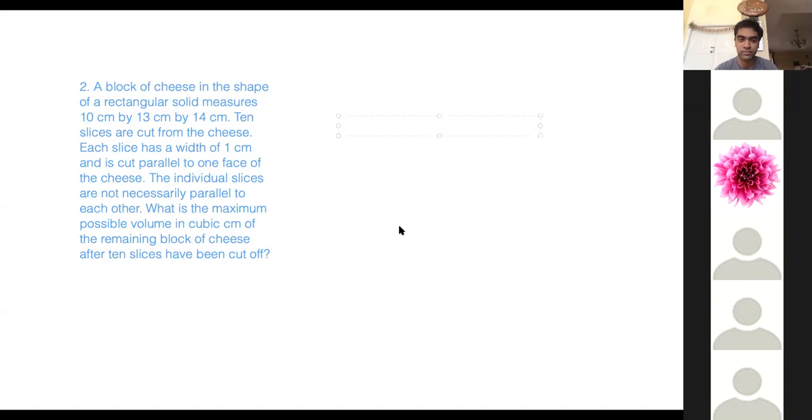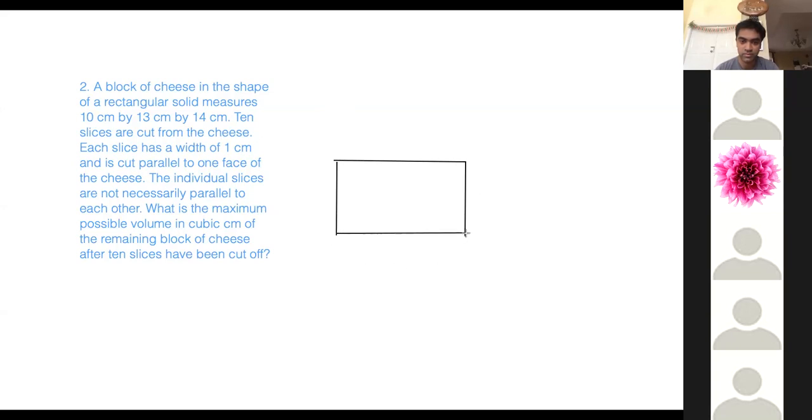So first I drew a block of cheese, and it's 10 centimeters by 13 by 14. Thus 10 slices are cut from the cheese, and each slice has a width of 1 centimeter. It's cut parallel to one face of the cheese. So I just cut 10 pieces off.